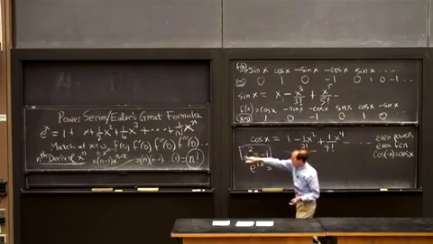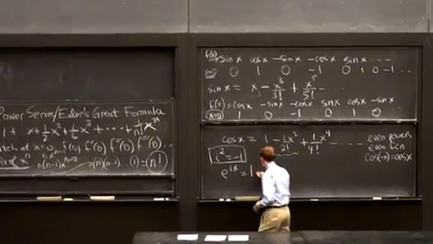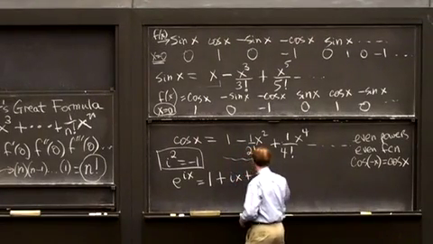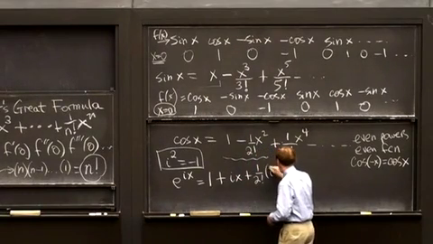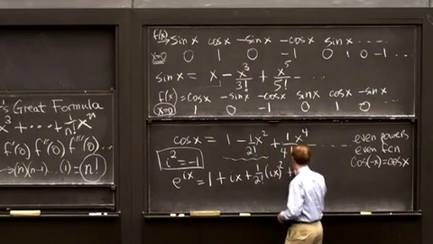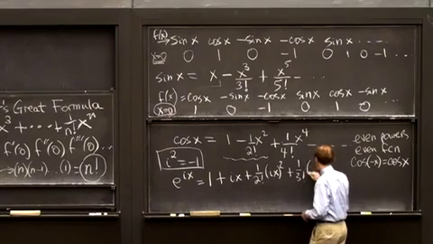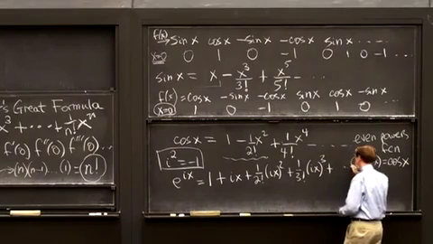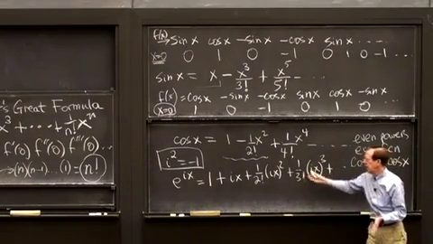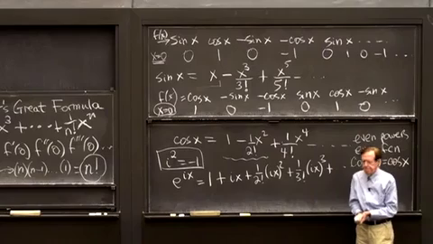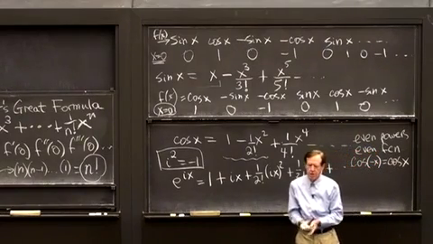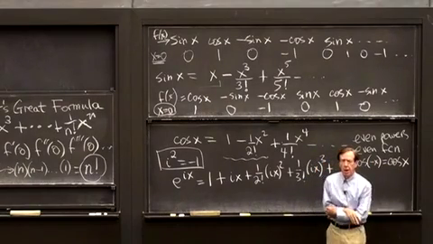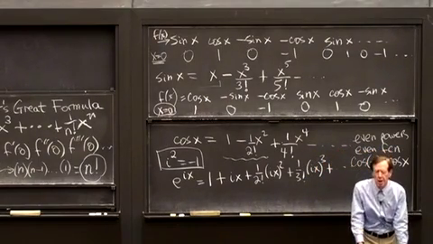Okay, can I write out the series? 1 plus, instead of x, I have ix, and then I have 1 over 2 factorial ix squared, and then I have 1 over 3 factorial ix cubed, and 1 over 4 factorial ix to the 4th. That's e to the ix. Okay, you say, you just changed x to ix. That's all I did.